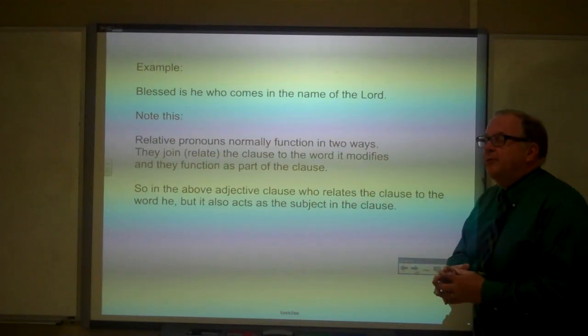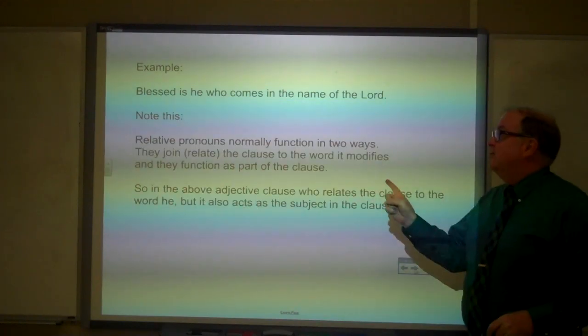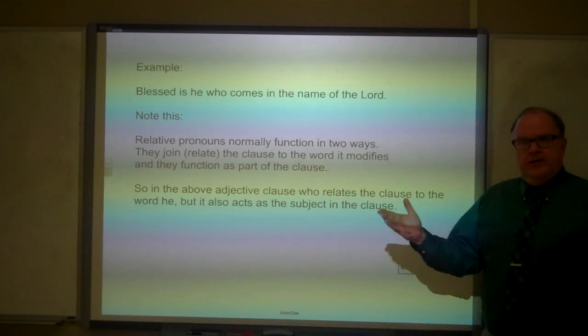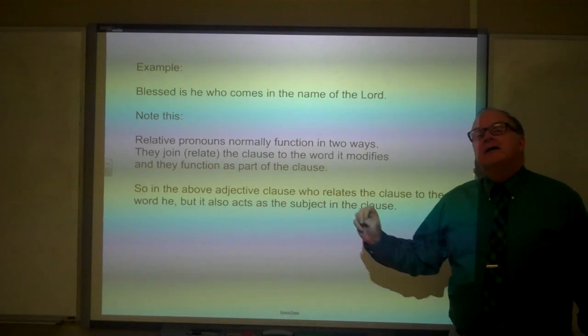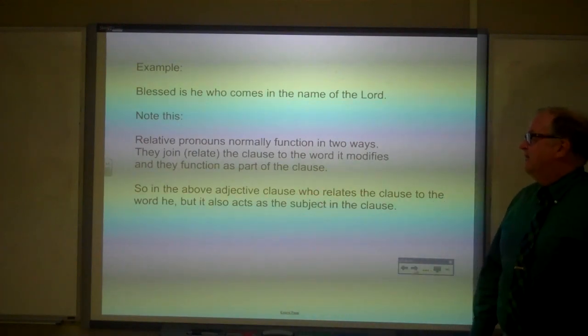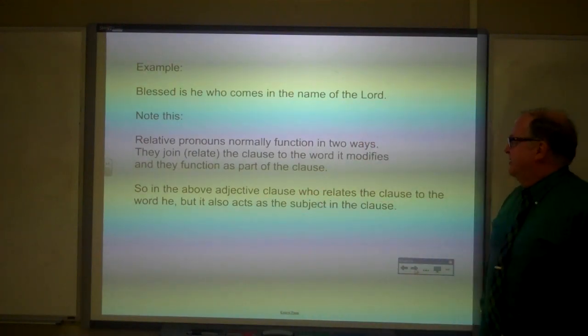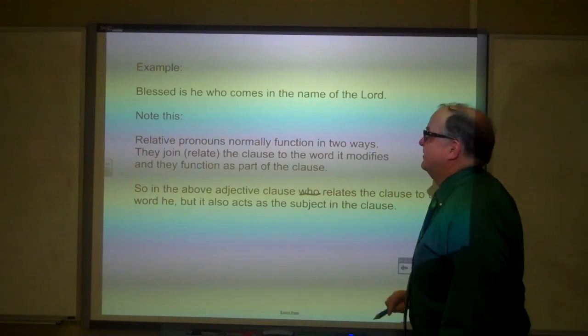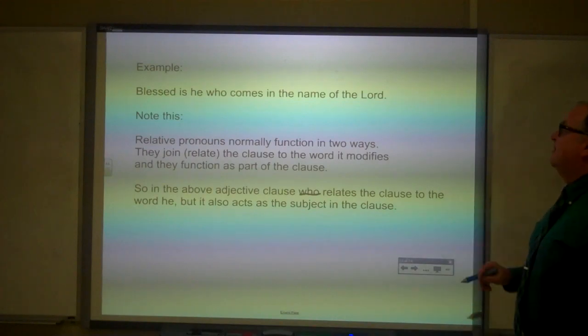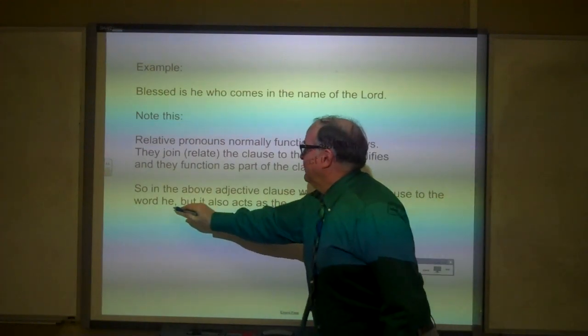Relative pronouns normally function in two ways. They join or relate the clause to the word it modifies, and they function as part of the clause. So in the above adjective clause, the word who relates the clause to the word he.